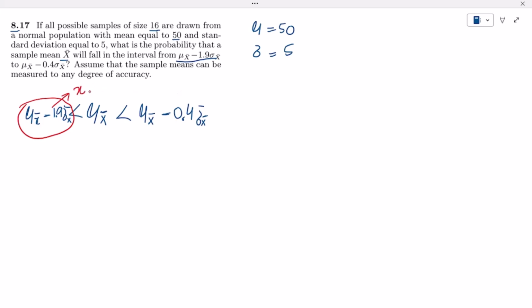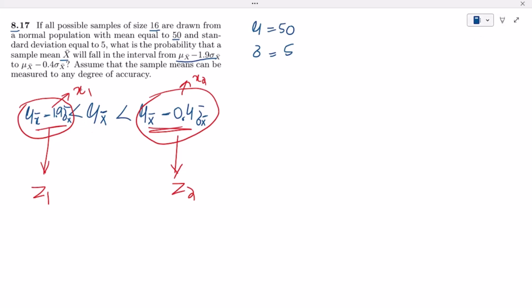This is x1 and this is x2, and from it I have to move to z1 and z2. So what should be the values of z1 and z2 here?